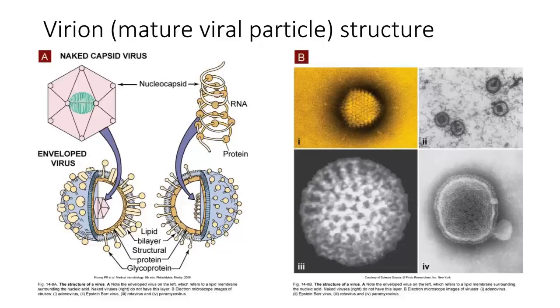Now, some viruses, rather than having a capsid, have just RNA within the glycoprotein and lipid coating. So you can see that the structures are slightly different depending on the strain of virus, but there are elements that can be common across viruses.